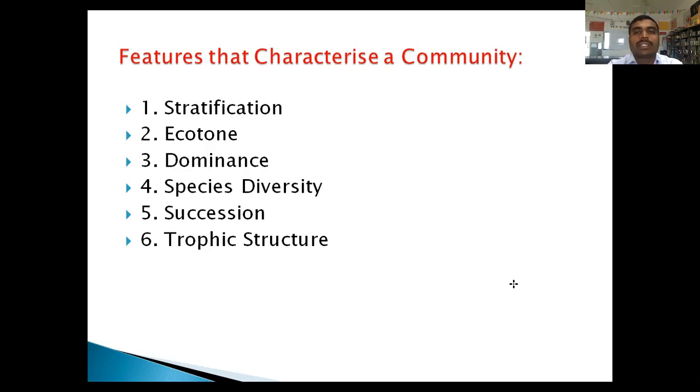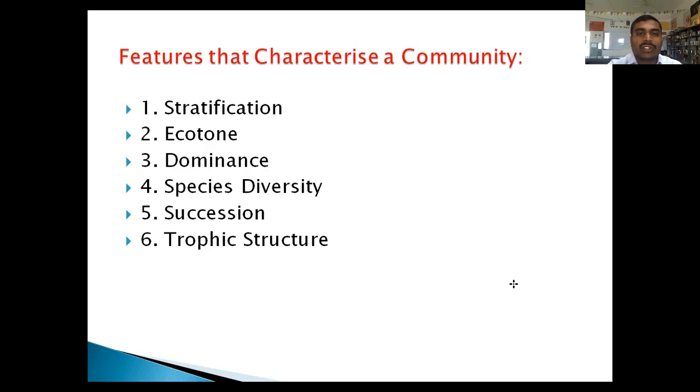There are two levels of species diversity: regional diversity and local diversity. Then next is succession. Each community has its own developmental history. It develops as a result of a directional change in it with time. That ecological succession we had studied and we will study in detail in coming lectures.